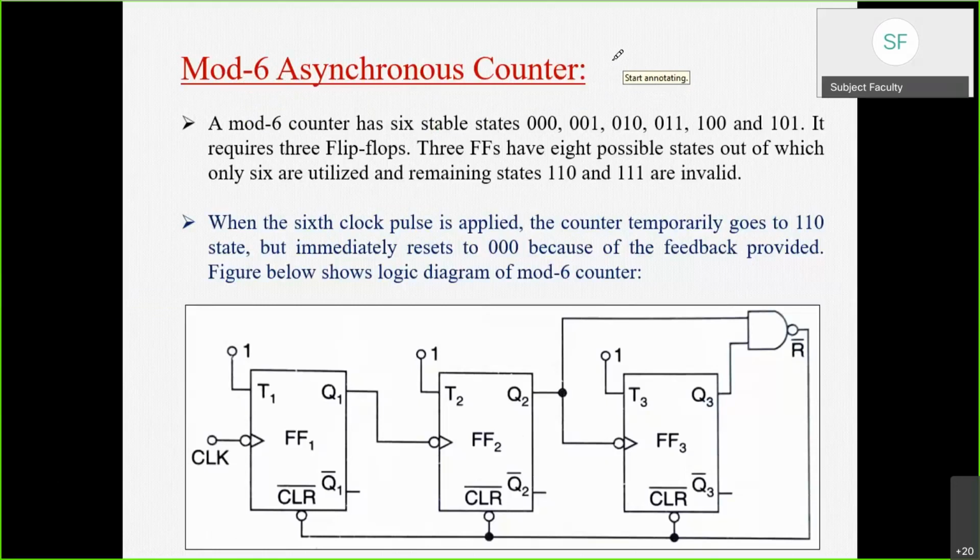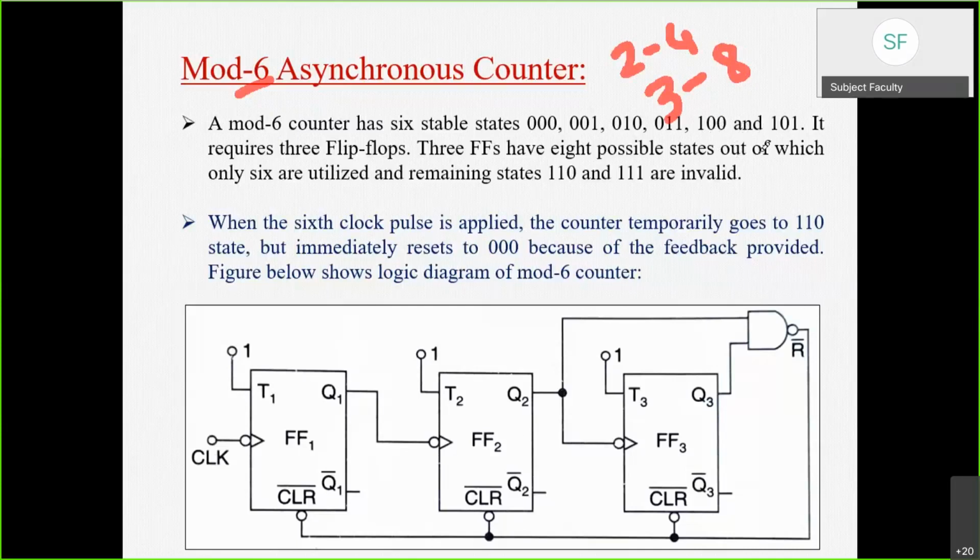You should always select the counter according to the mod. A 2-bit counter will not satisfy 6 states, because a 2-bit counter will give you only 4 states. A 3-bit counter will give you 8 states, and a 4-bit counter will give you 16, but that will be unnecessary.